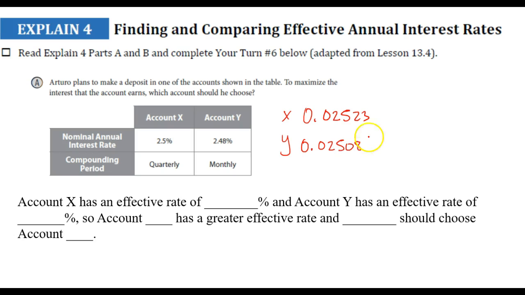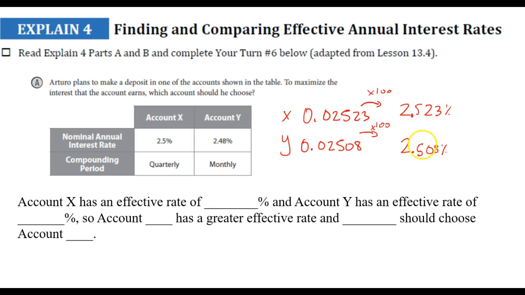Now this is in decimal form, so we can change it to a percentage by multiplying both by 100. Take some time to do that right now. That would be about 2.523%, whereas this one would be about 2.508%.